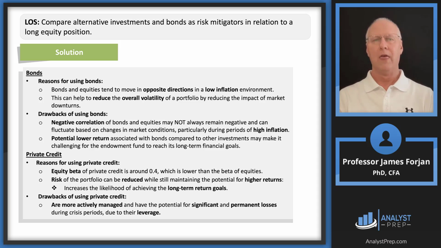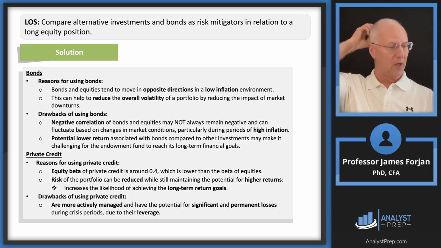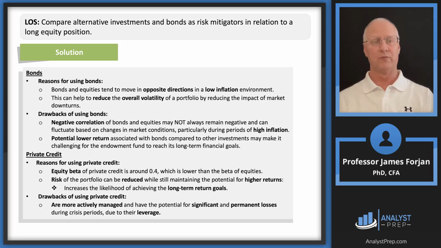So there we go. Opposite directions in a low inflation environment. Now in 2023, we just throw that out the window. So I'm hoping that when you watch this in 2024, we're back to a low inflation environment. But remember that when we have a high inflation environment, the returns on bonds and the returns on equity securities, those correlations probably move more in the same direction than they do in low inflation environments.